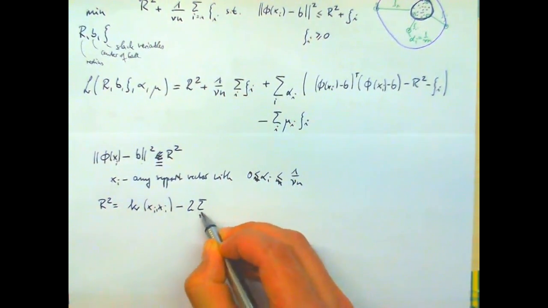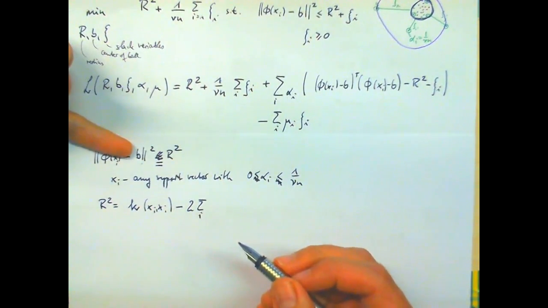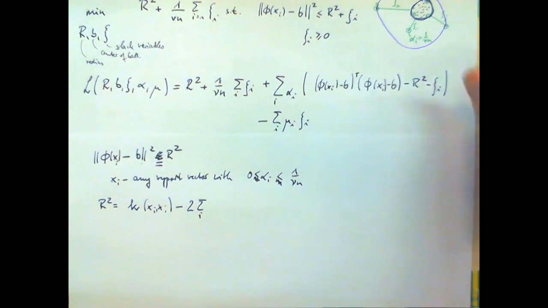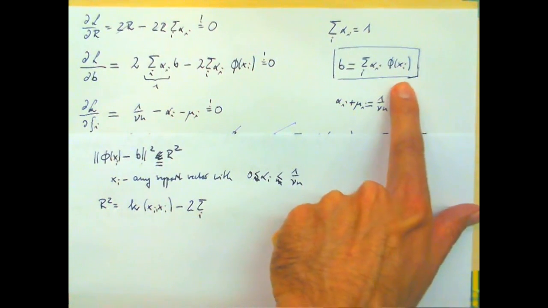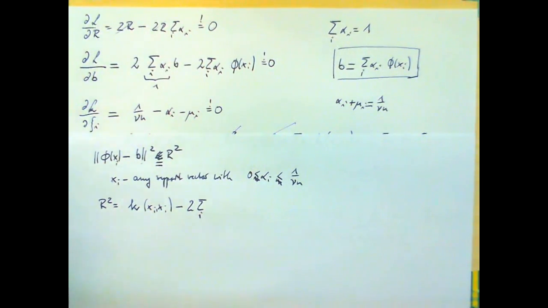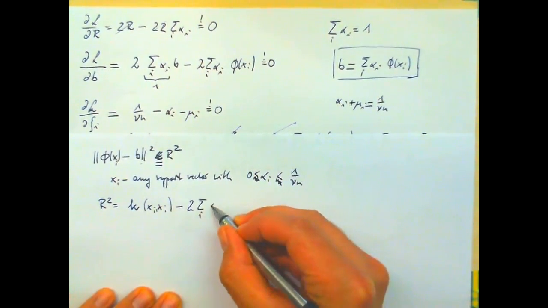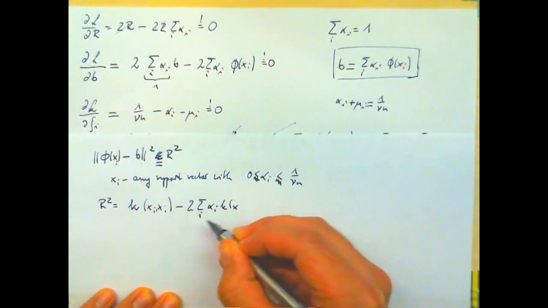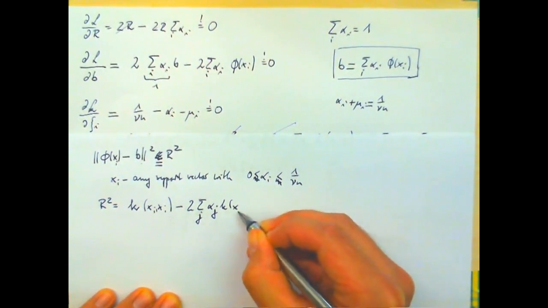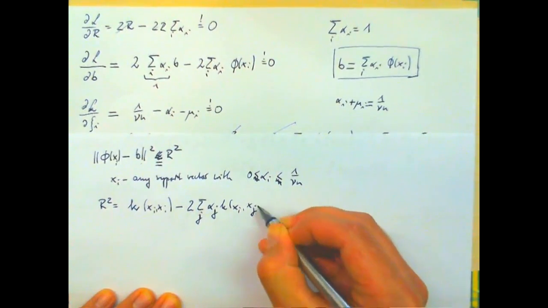So I'm simply inserting into B this relation here, and I'm writing the inner product between two vectors phi as a kernel. And that gives me the following.